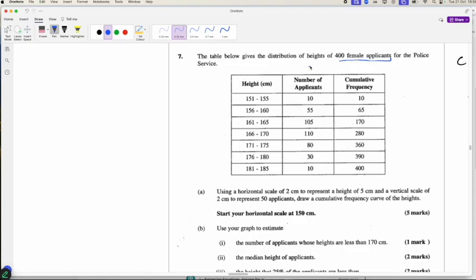This here is the normal frequency, and this here is the cumulative frequency. They were kind enough to fill these things out for us, right? Out of 400, right? Using a horizontal scale of 2 centimeters to represent 5 centimeters.